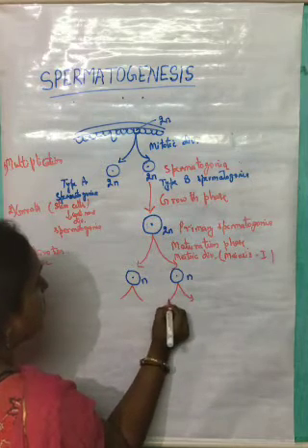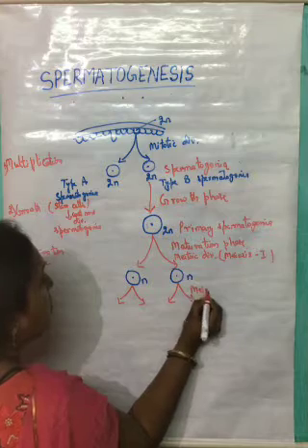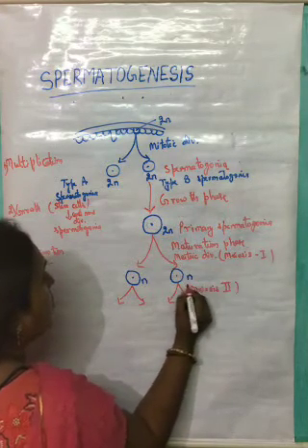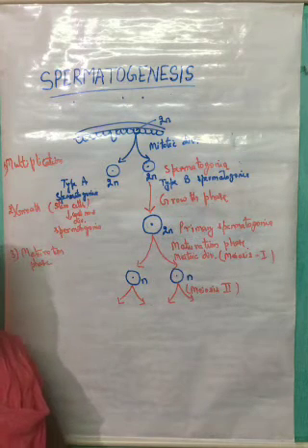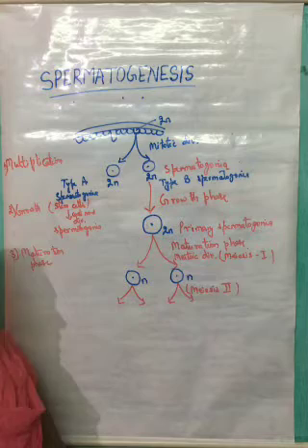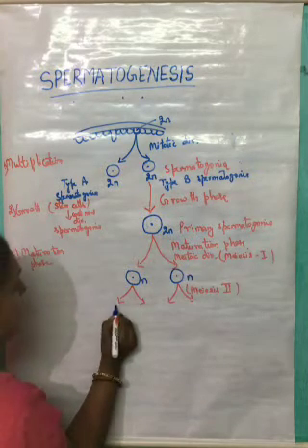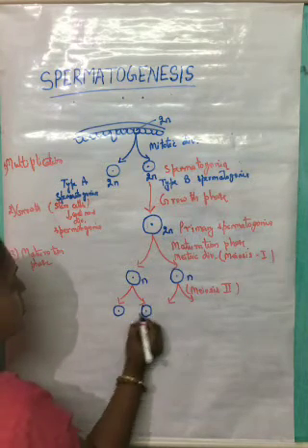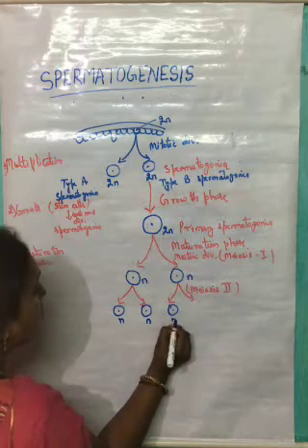So they will undergo meiosis 2, or second meiotic division. We know that meiosis 2 is similar to mitosis, hence these two daughter cells will further lead to the formation of two daughter cells each, and they are having n number of chromosomes.